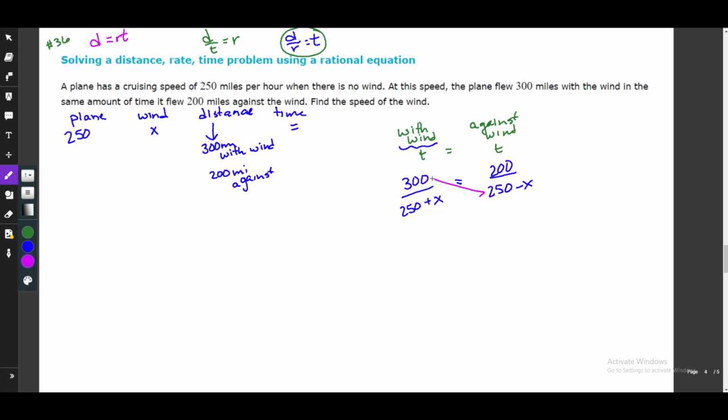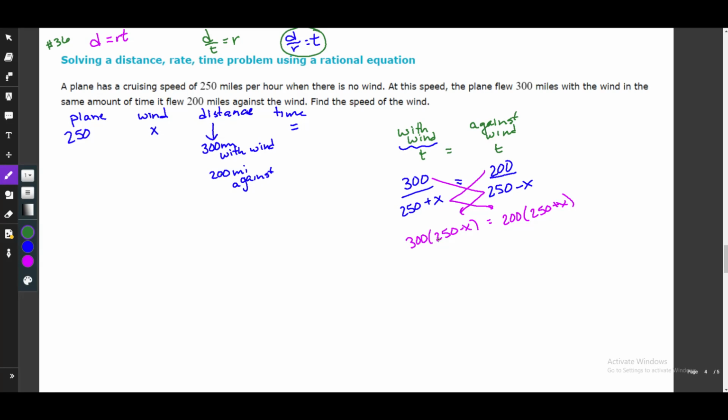I can cross multiply. So I have 300 times 250 minus x equals 200 times 250 plus x. I can solve this problem. It is like we've done way back yonder, distributing.